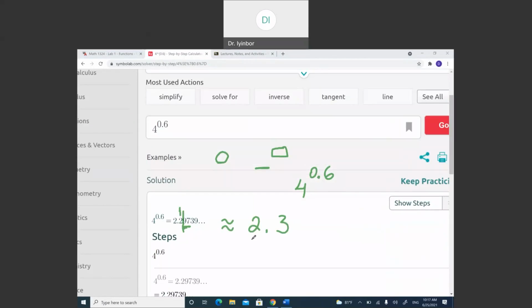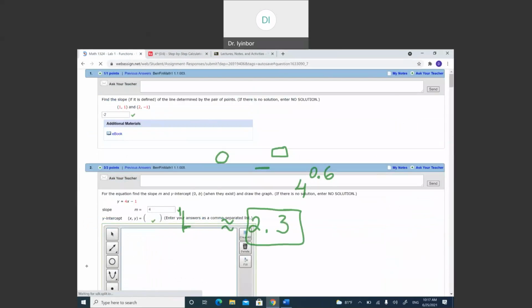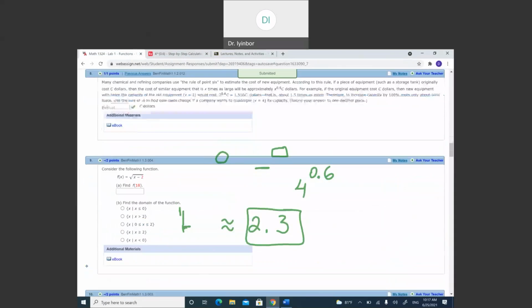So make sure when you look at the numbers and it says round, you have to be careful how you round it. So my answer should be 2.3. And then I can just put that answer there, 2.3. So that's all what you're doing. Looks like a big word problem, but technically you just replace x with the given number. Okay, so that's how you do number 8.